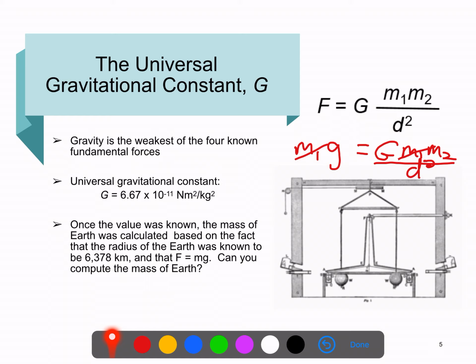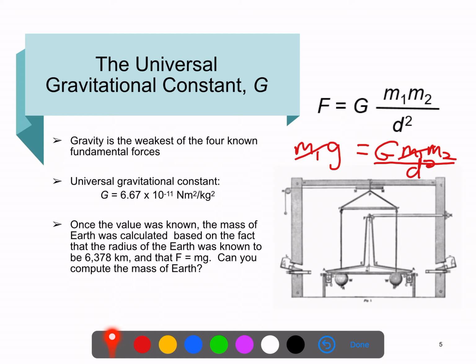And so by measuring this force, you can basically figure out what this capital G is, because you know these other things. You know the masses involved, you know the distances between them. So once you have capital G, you can apply this same reasoning here to the Earth itself. It was already known what the radius of the Earth was, okay?